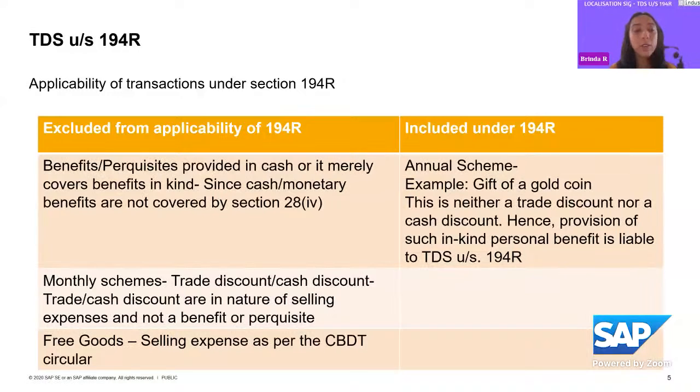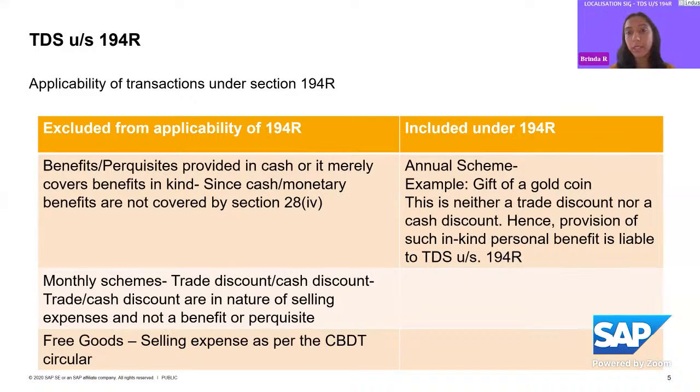Then the free goods or the samples that are provided to your customers are also considered a selling expense and not a benefit or a perquisite. So all these things are excluded from the applicability of 194R. This is as per the clarification that we have got from our SAP legal team.